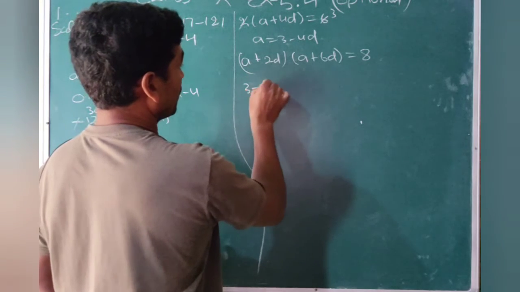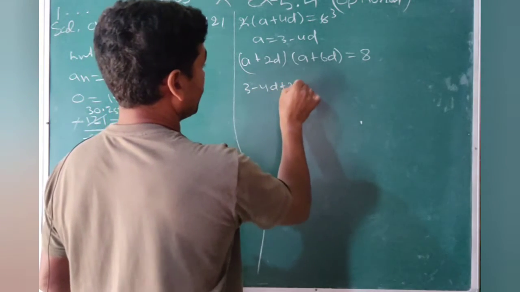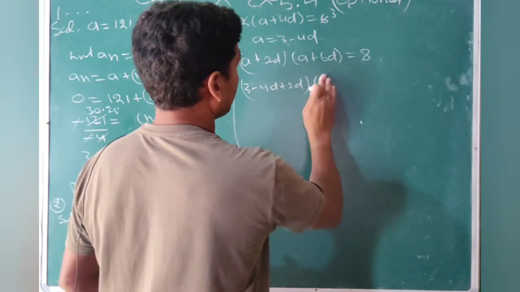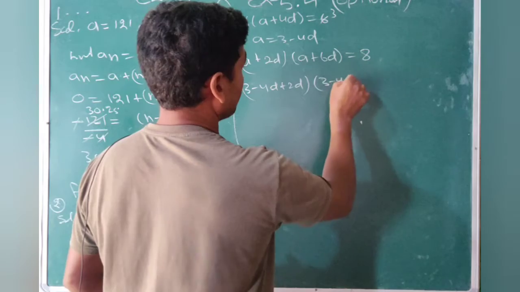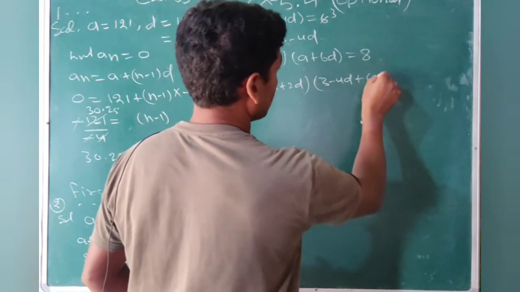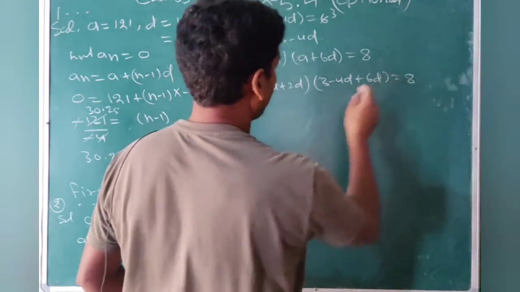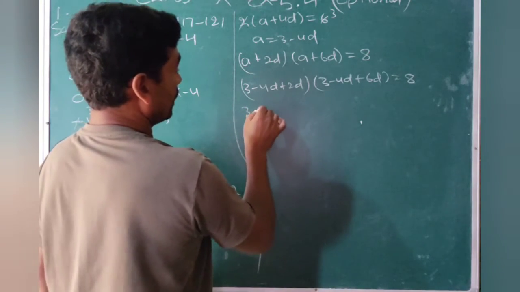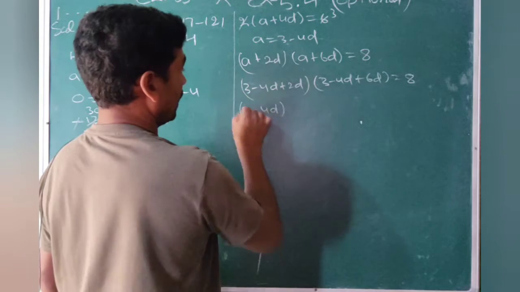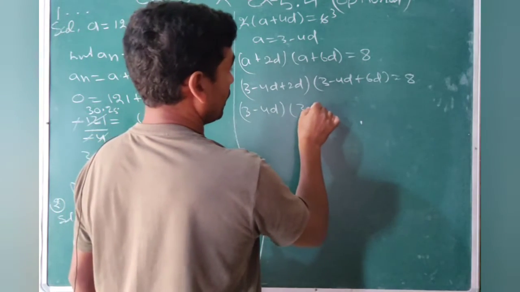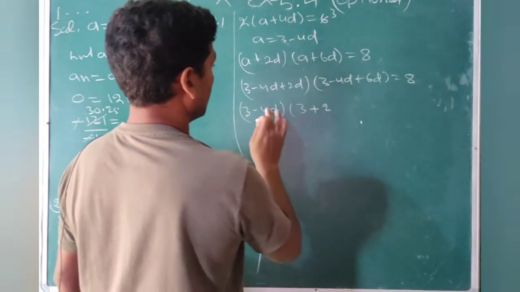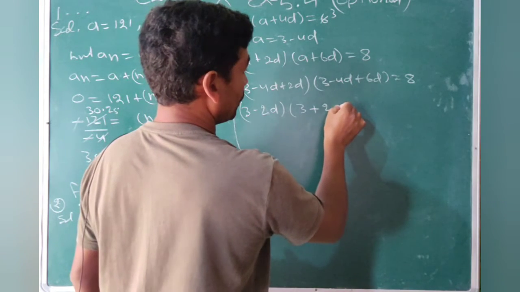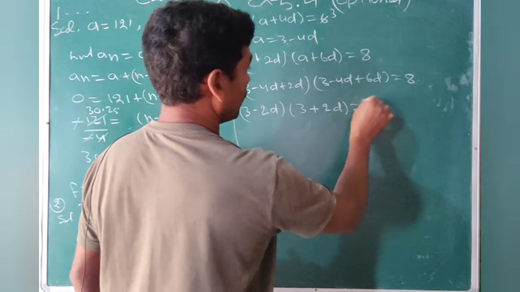So 3 minus 4d plus 2d, and 3 minus 4d plus 6d is equal to 8. Now this will be 3 minus 2d, and this will be 3 plus 2d.